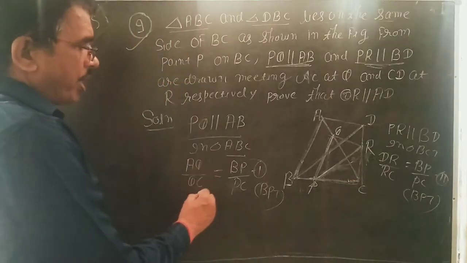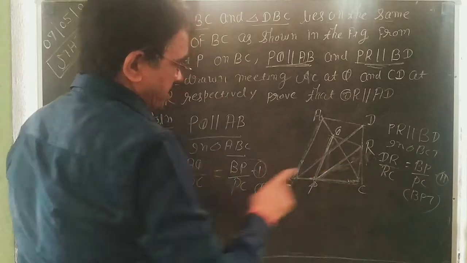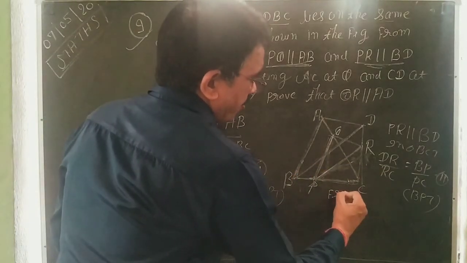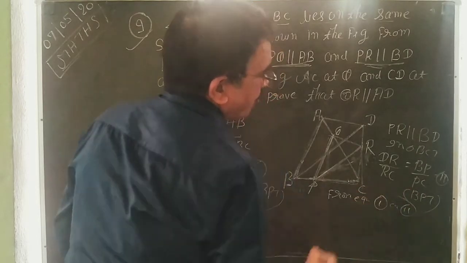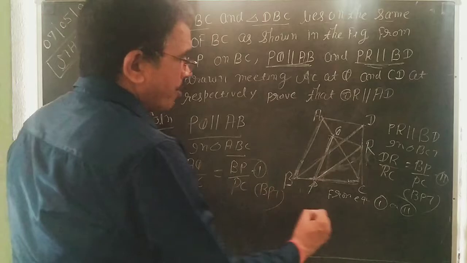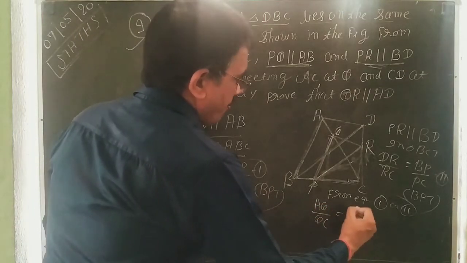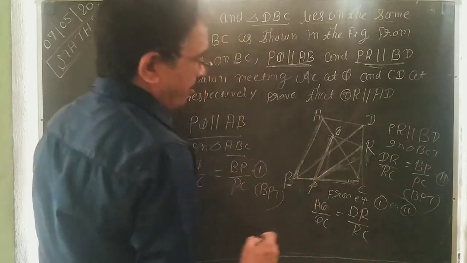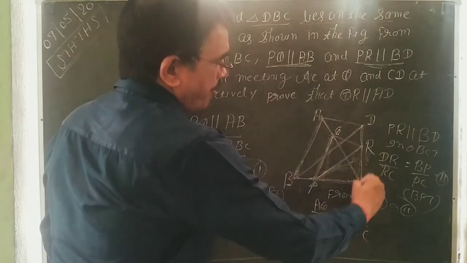The RHS are equal, so from equations first and second you get AQ by QC is equal to DR by RC.